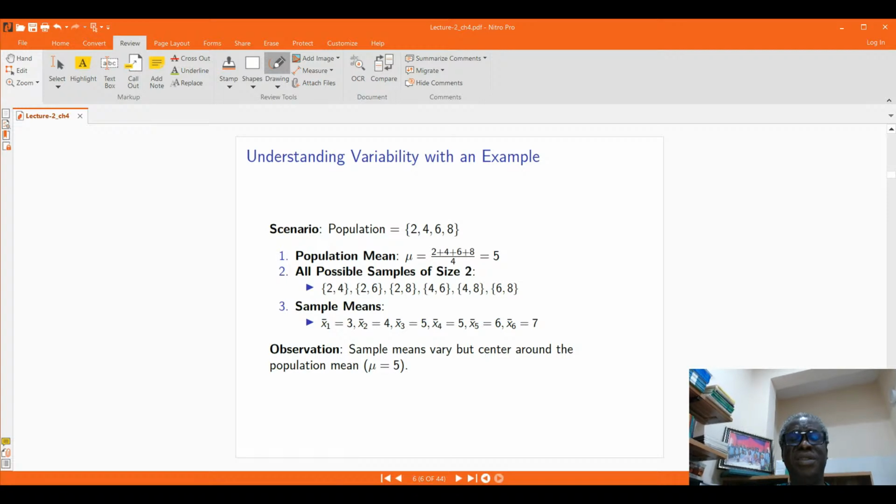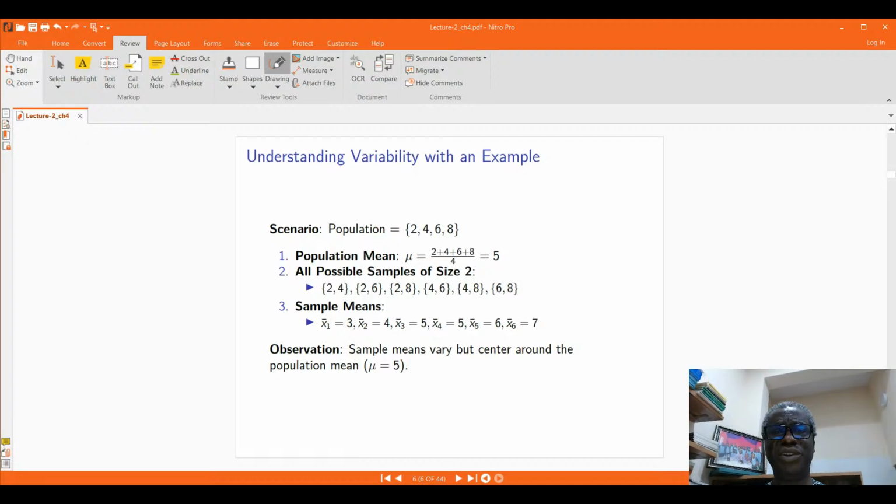Now suppose you have to take a sample. So let's take all possible samples of 2 students from this class.